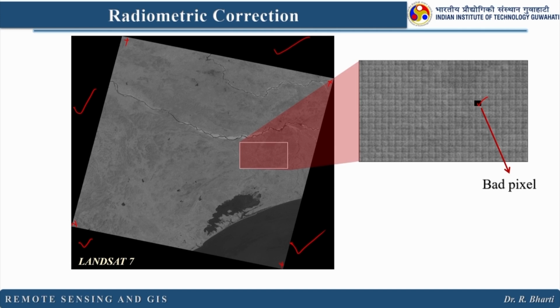But what happens when you have shot noise? You may have several bad pixels distributed randomly in this particular image. They will be known as shot noise, right? All these will be 0 or 255. That is the case of shot noise, but for a bad pixel, we have to calculate the value.